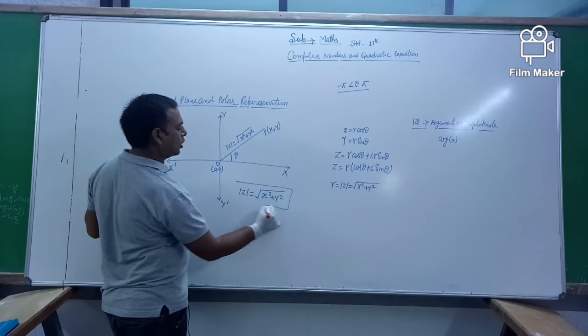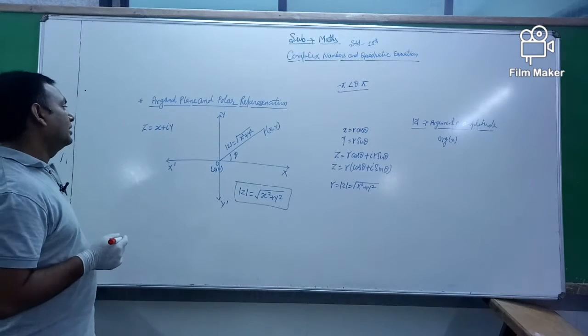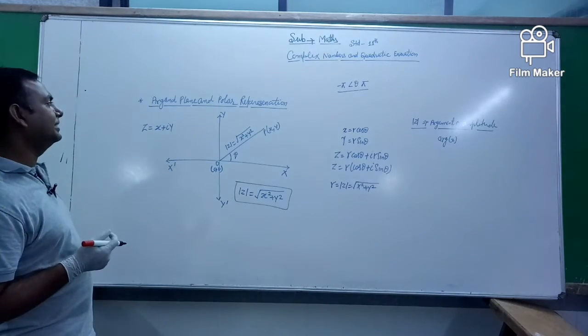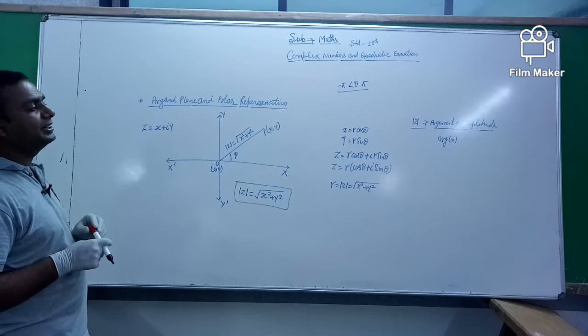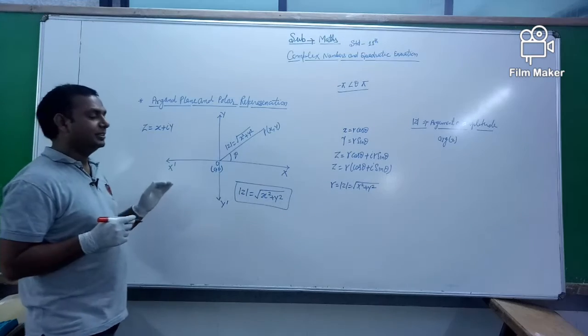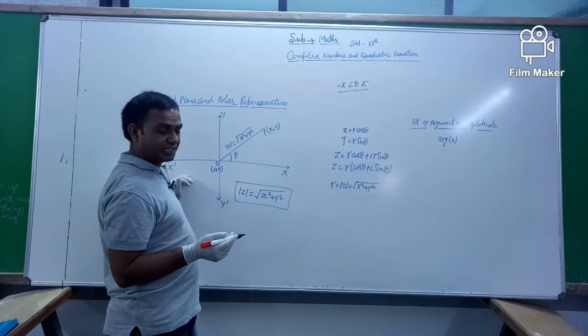This is called the modulus. After that you find the Argand plane representation, that is, the representation of the complex number in the form of theta.